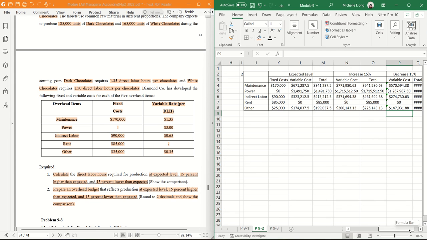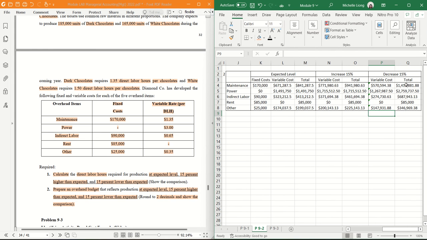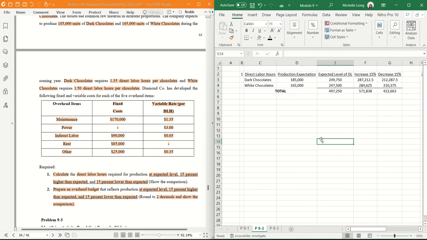Okay, and we are done. We just need to add them. So for this, it's fixed cost added with your variable cost, for each level. And that is the final for problem number 2. Okay, it's as simple as that.